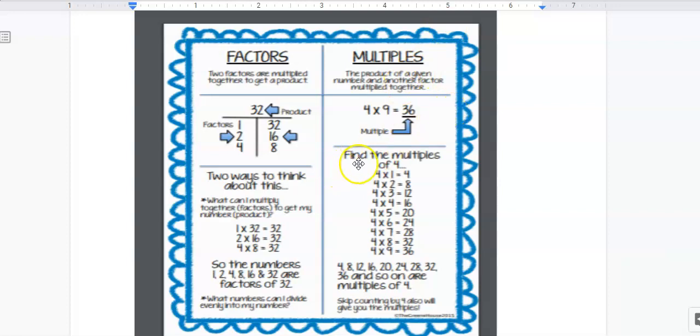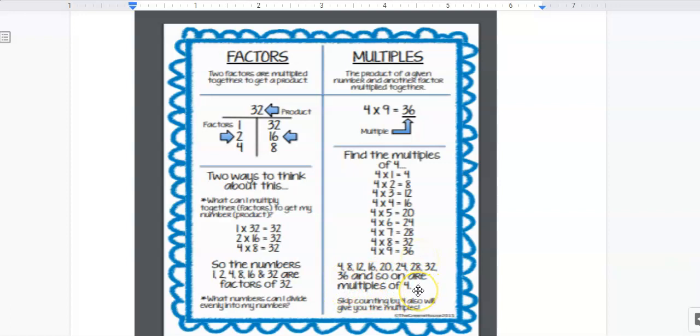If we are going to find the multiples of 4, we would go through this process. 4 multiplied by 1 is 4, 4 multiplied by 2 is 8, 4 multiplied by 3 is 12, 4 multiplied by 4 is 16, 4 multiplied by 5 is 20, 4 multiplied by 6 is 24, 4 multiplied by 7 is 28, 4 multiplied by 8 is 32, and 4 multiplied by 9 is 36.